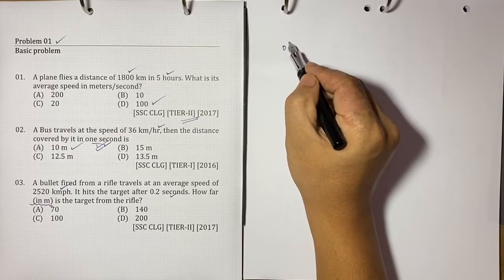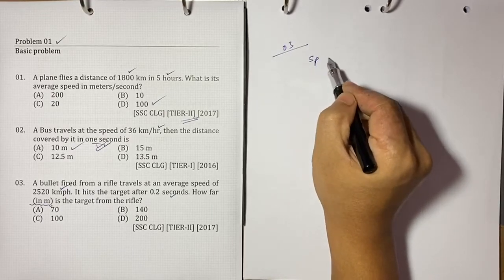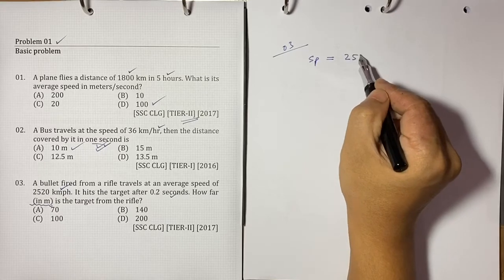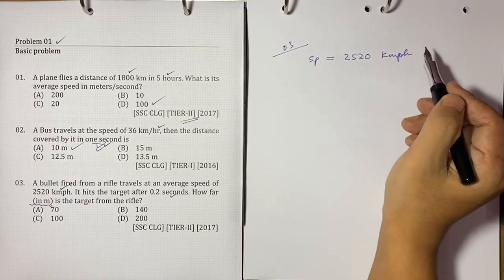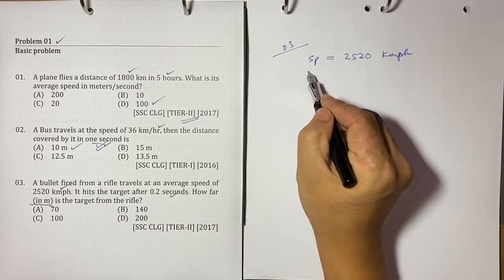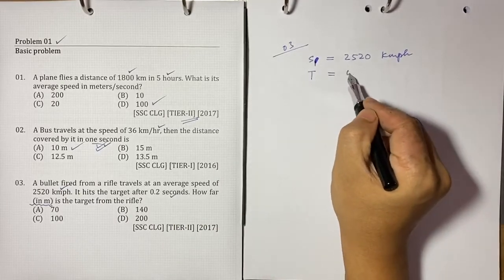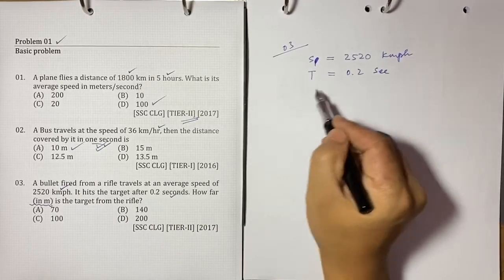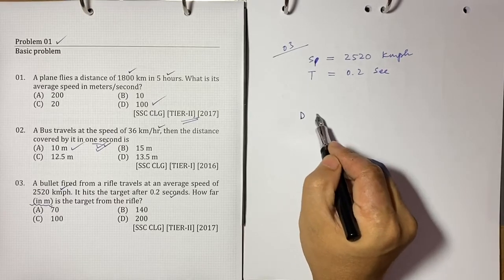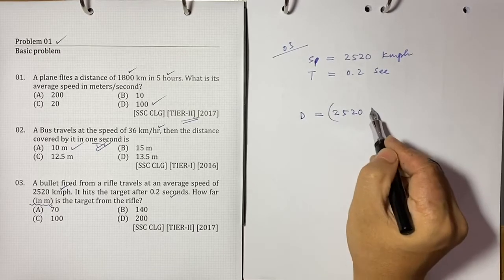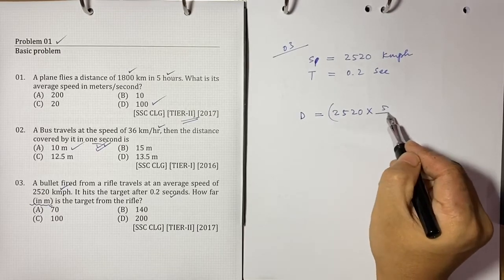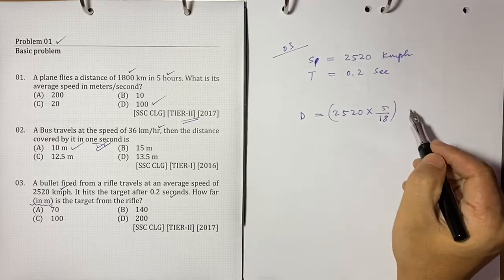The speed here is 2520 km per hour. The time is 0.2 second. Then we find the distance. Distance equals speed into time, so 2520 into 5 divided by 18, this is your speed, into time.